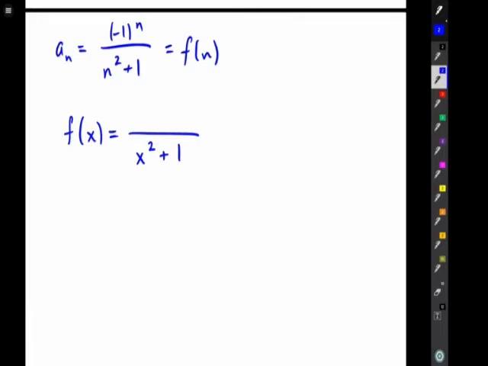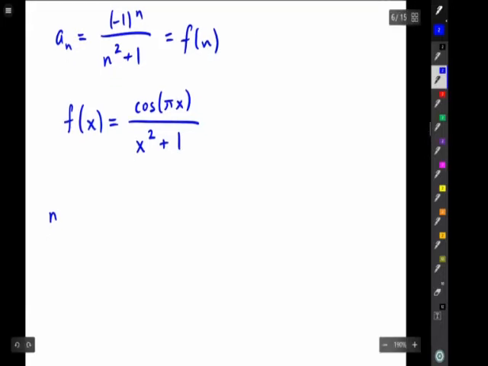So here, when we plug in n equals 1, we want to get negative 1. So a good candidate here would actually be cosine of pi x, pi times x. Why is that? Well, let's think about n values and cosine of n pi values.